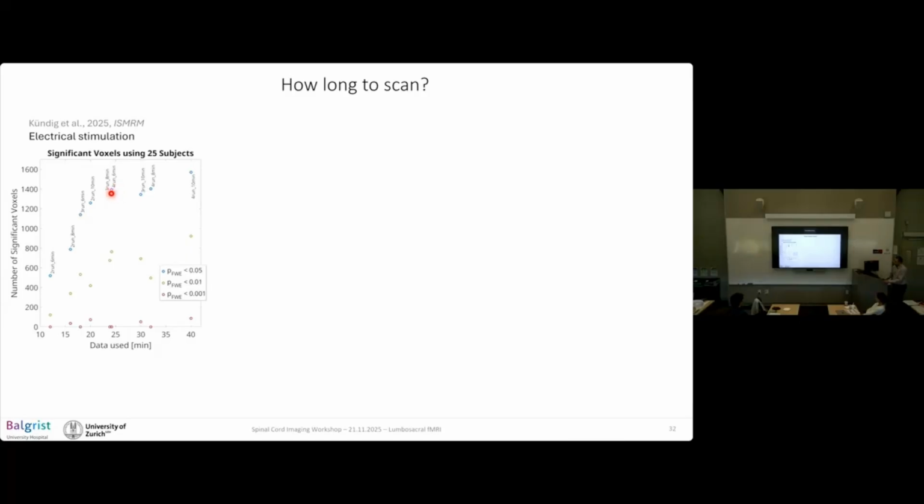The other thing that we notice is that there is not much difference based on how we allocate the data. So for example, if you look at these 2 time points here, this is 3 runs 8 minutes each. This was 4 runs 6 minutes each. In total, the same amount of data and pretty much the same number of significant voxels.